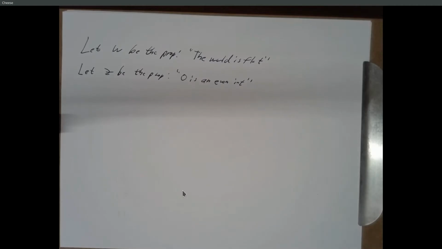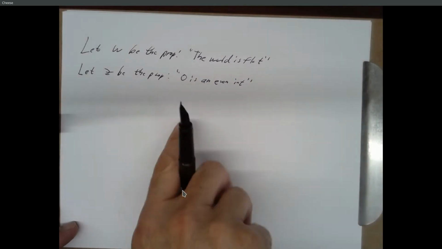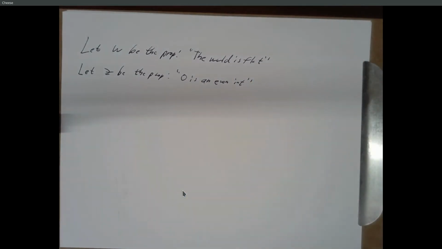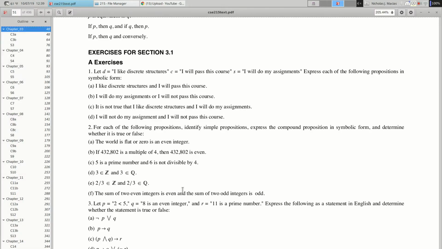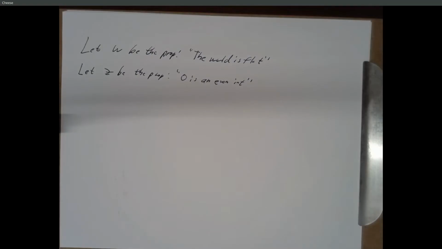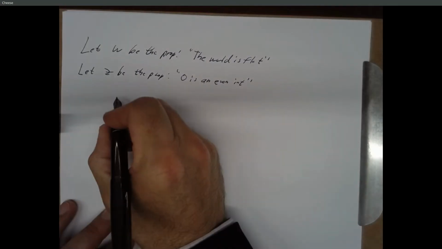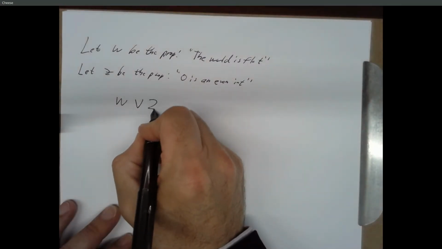So I've defined 2 propositions. W is the proposition the world is flat. Z is the proposition 0 is an even integer. And so this original proposition says the world is flat or 0 is an even integer. So in terms of these 2 propositions that I've written, I could write W or Z.